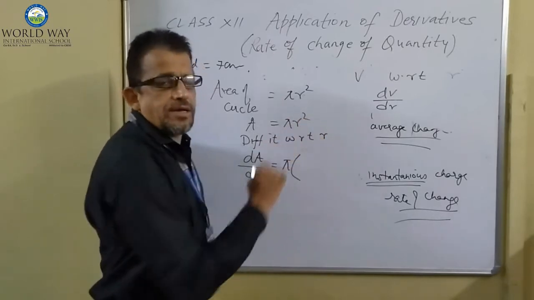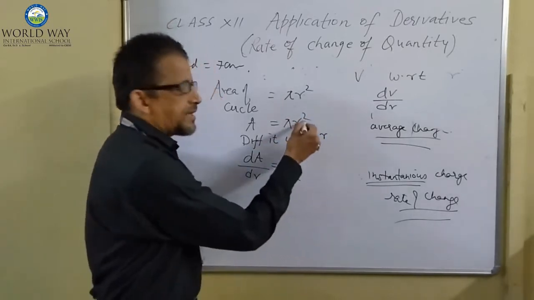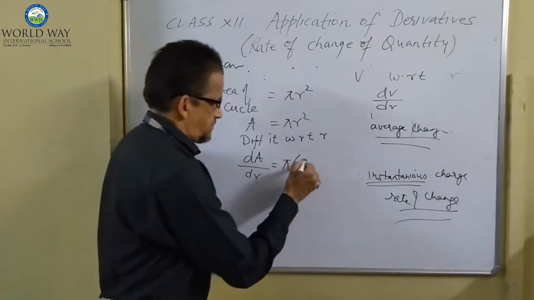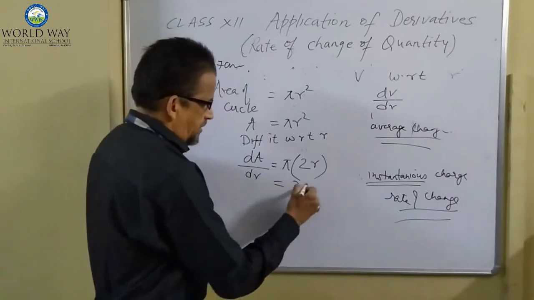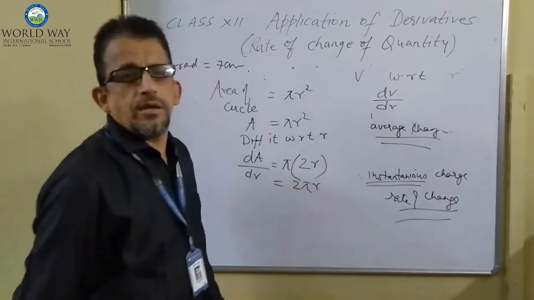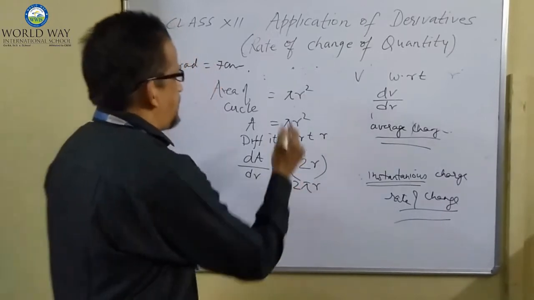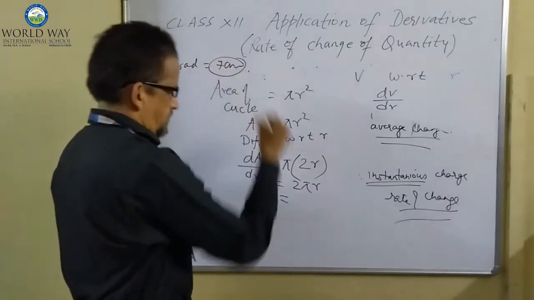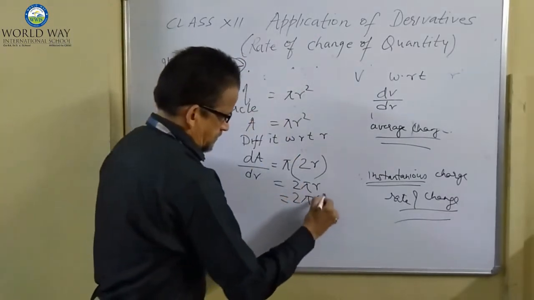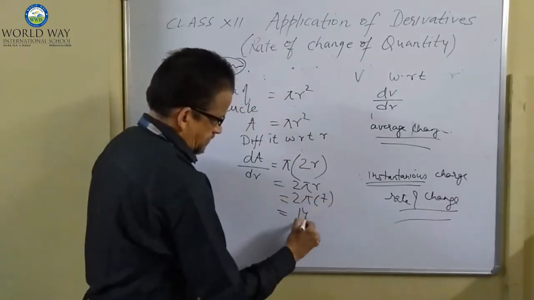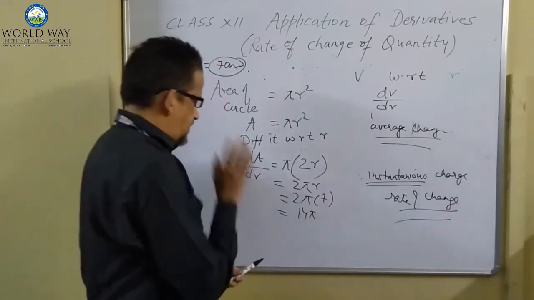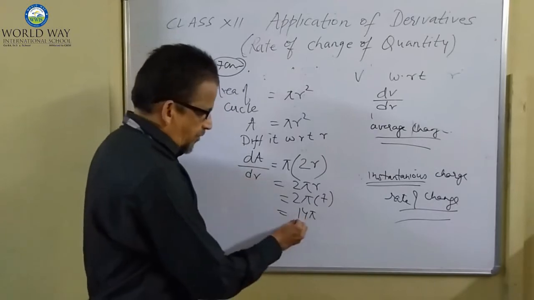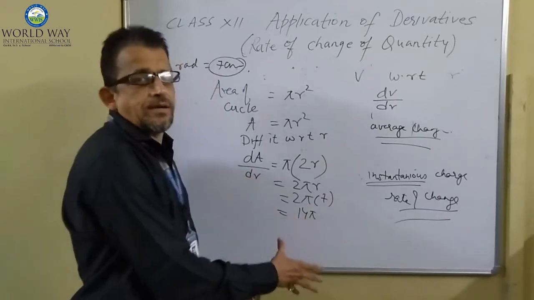So how to differentiate r square? The answer will be 2 pi r, but what is r given? So there is a change in area with respect to r, 14 pi, but it's incomplete.